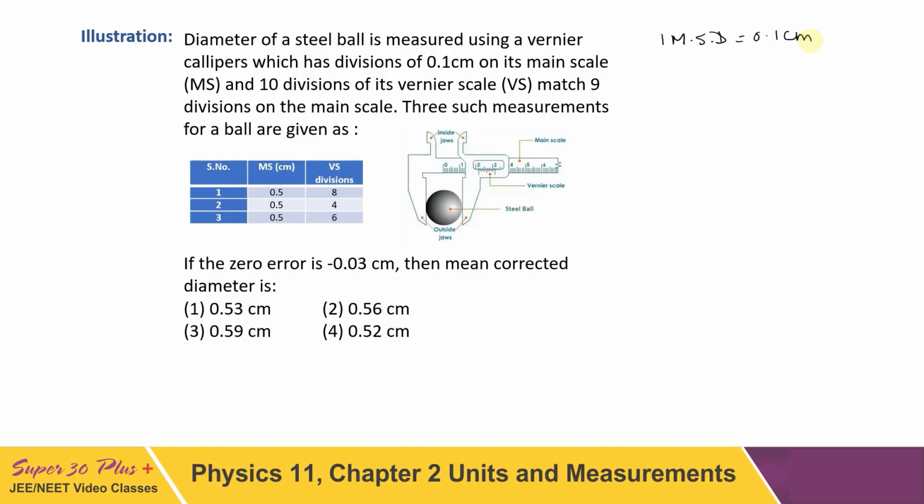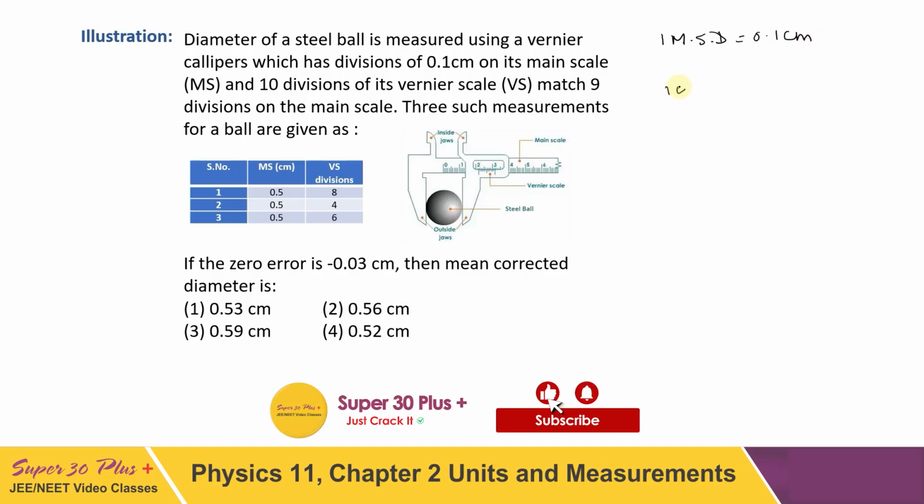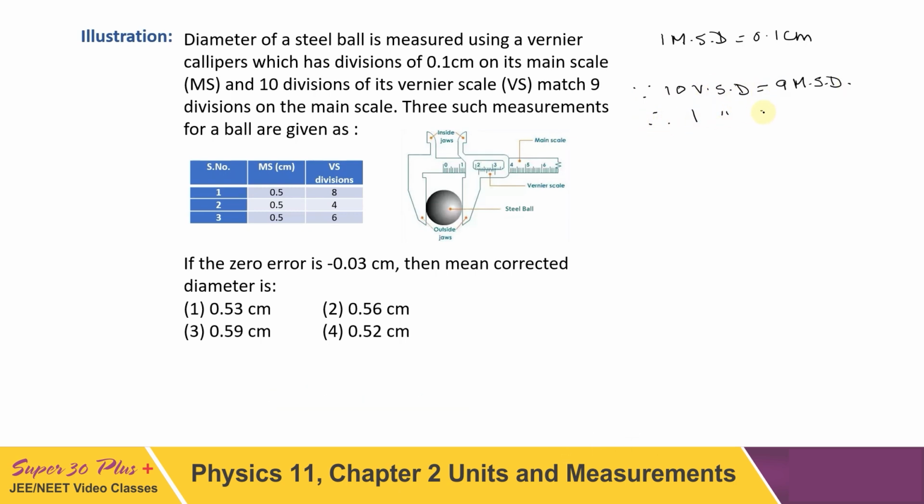So first let us calculate the least count. 10 VSD is equal to 9 MSD. So 1 VSD would be 9 upon 10 MSD. And then least count we can write as 1 minus 9 by 10 MSD. I am using the formula I had told you about just now. So this is 1 by 10 main scale division, and 1 main scale division is 0.1 centimeter. So this is 0.01 centimeter. This is the least count of our scale.